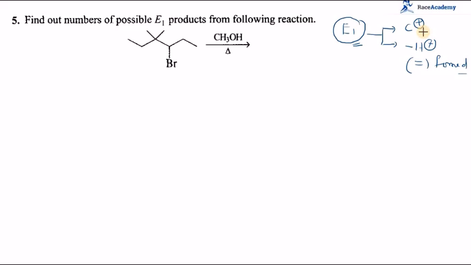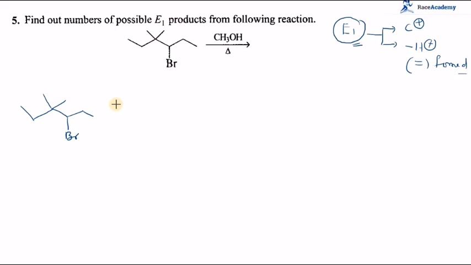Here the carbocation also seeks stability. In such cases there will be some methyl shift or hydrogen shift that takes place. Let us see the given compound. The given compound is, we have, this is the compound, and bromine is present here.